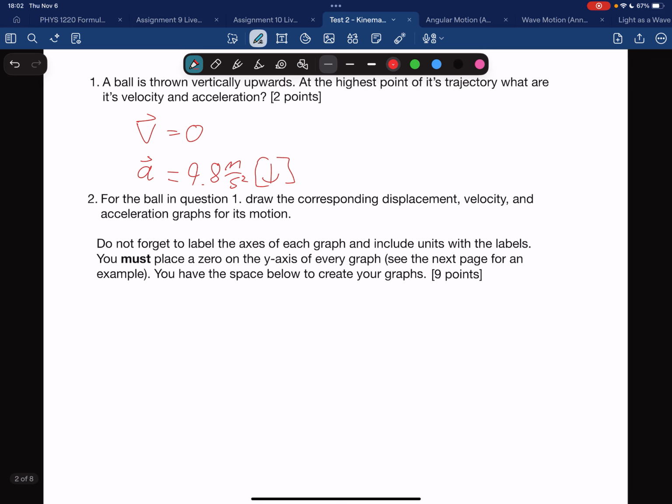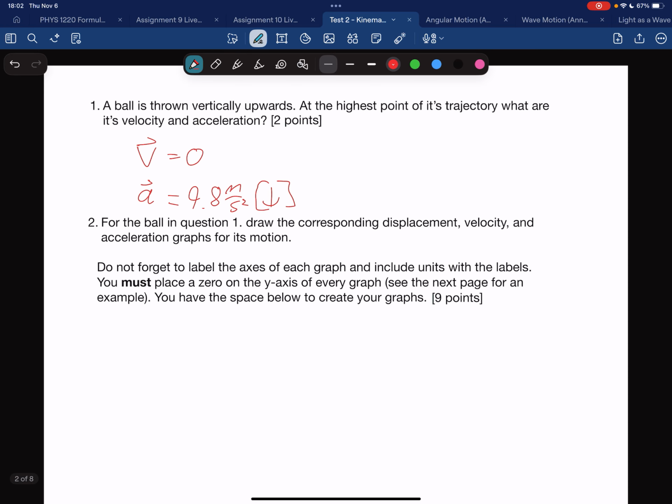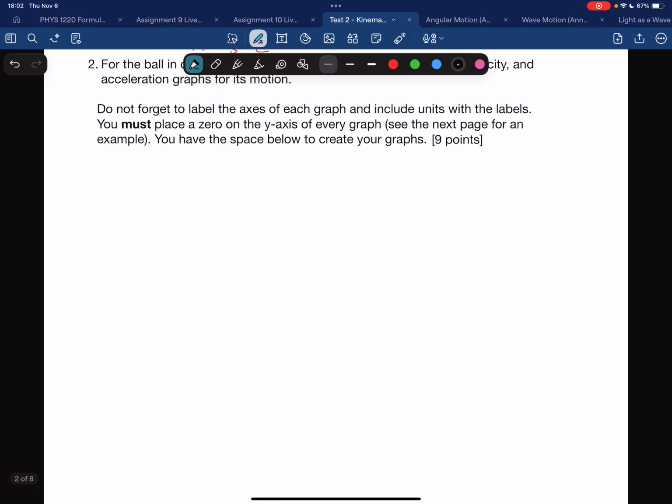Question 2, for the ball in question 1 that is thrown vertically upwards, draw the corresponding displacement, velocity, and acceleration graphs for its motion. So I know I'm going to have 3 graphs, and I'm told to not forget to label all of my axes with units.